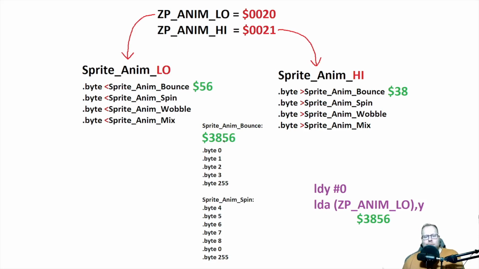So the low byte of this memory address, that's 56. That's the actual number that's stored here in this table. At the very first position here, the actual number that's stored into RAM is 56, in this table, sprite anim low.